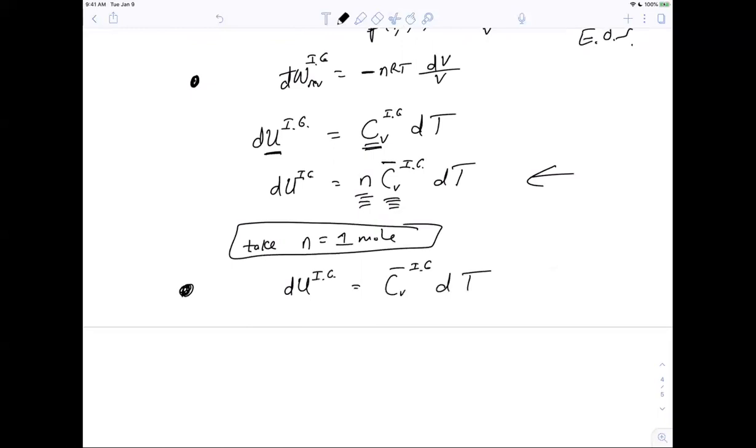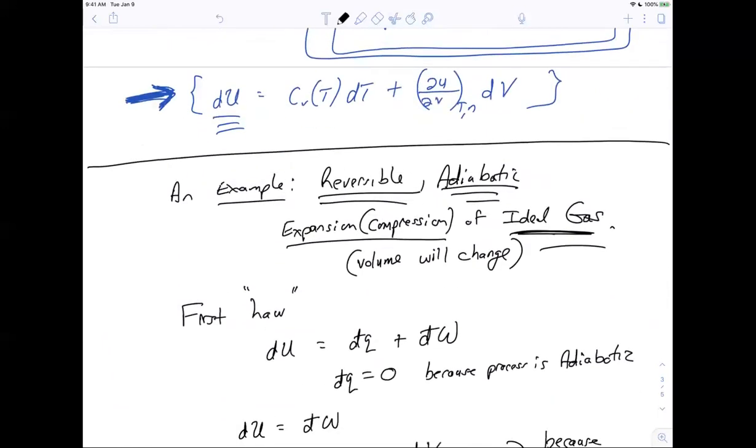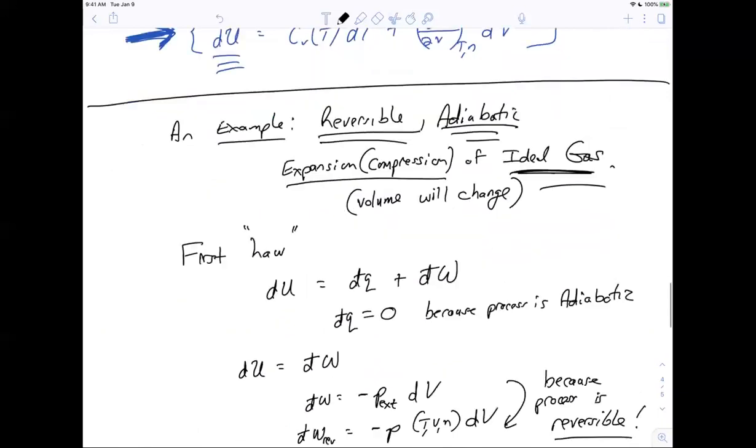So we can put these two together now for our process. Again, the process is a reversible adiabatic change in volume of a system that's modeled by the ideal gas equation of state. That's really what this was right here: reversible adiabatic expansion or compression, volume change for an ideal gas.